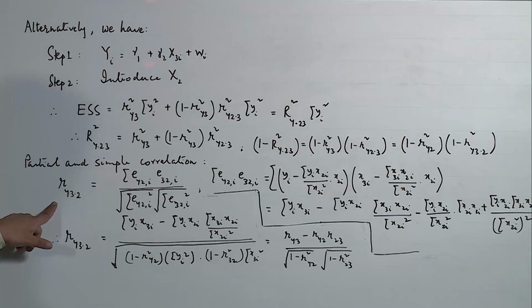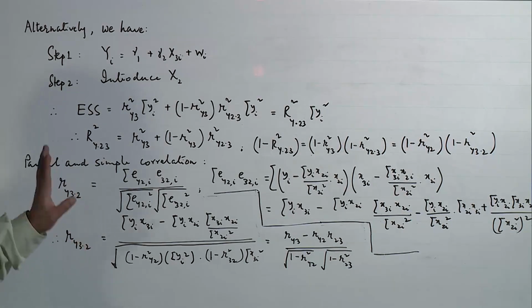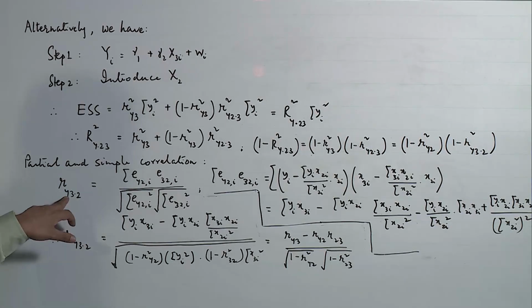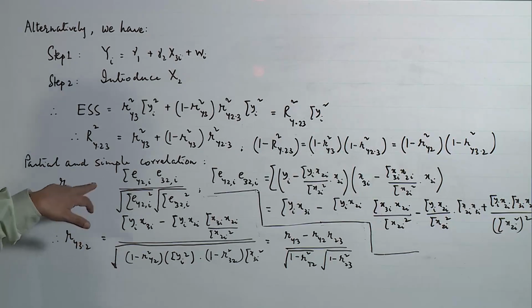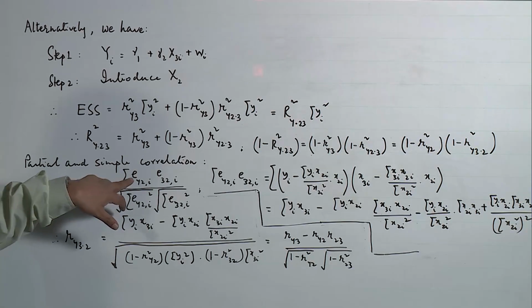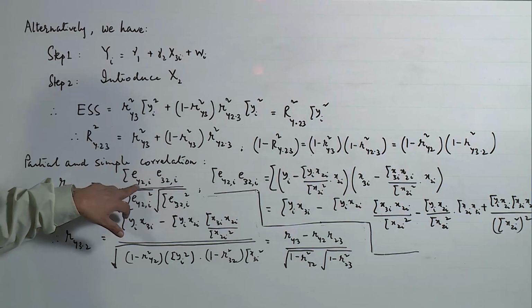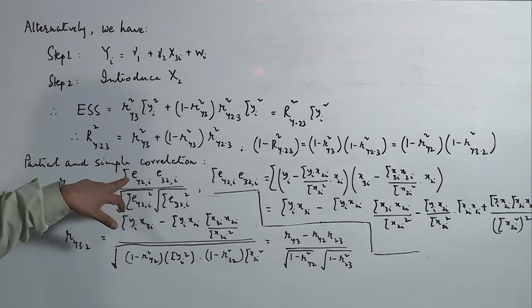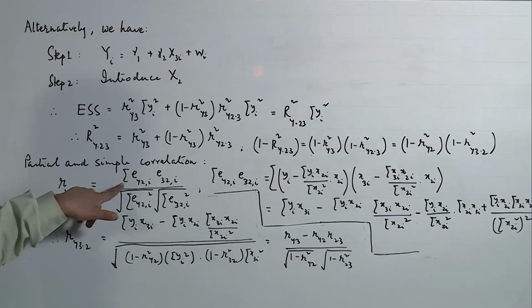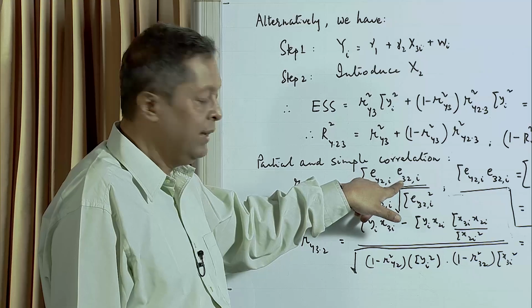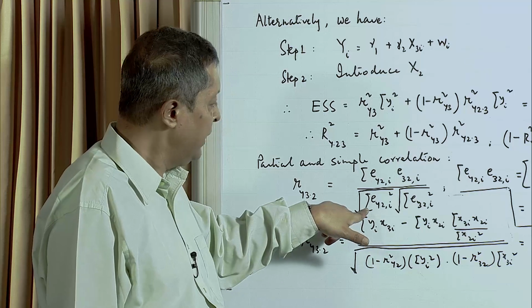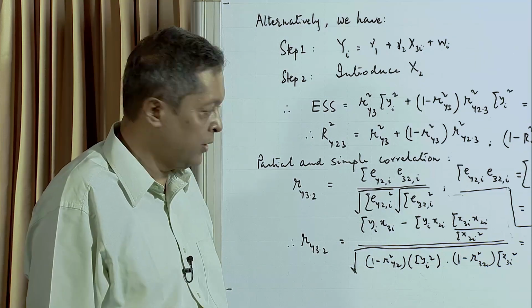The partial correlation coefficient between y and x3 given x2 is nothing but the simple correlation between the residuals obtained when y is cleansed of x2 and x3 is also cleansed of x2. That is summation of e y2 i, the residue when y is regressed on x2, and e 32 i, divided by the square root of their variances.